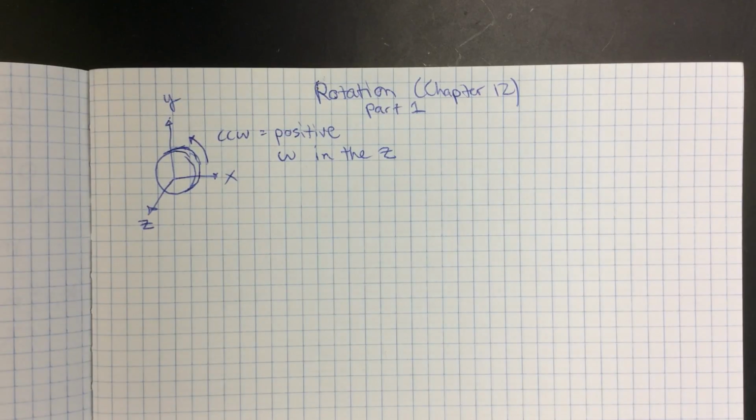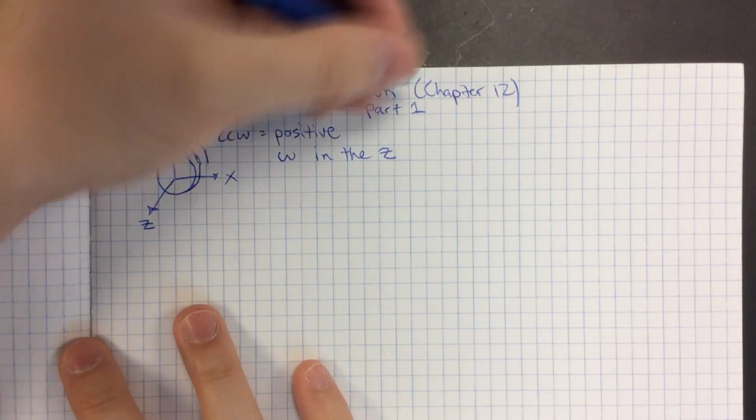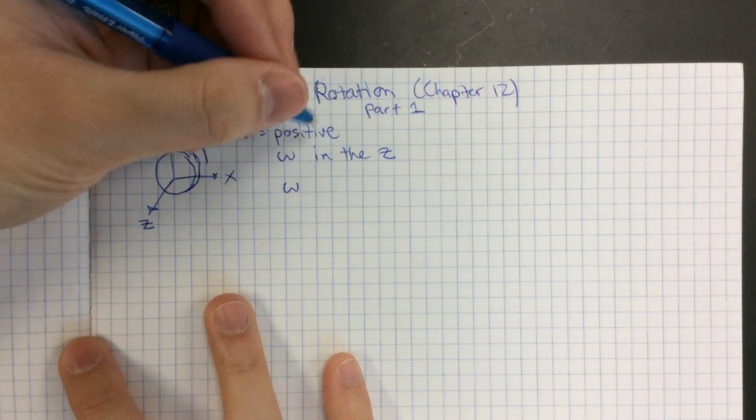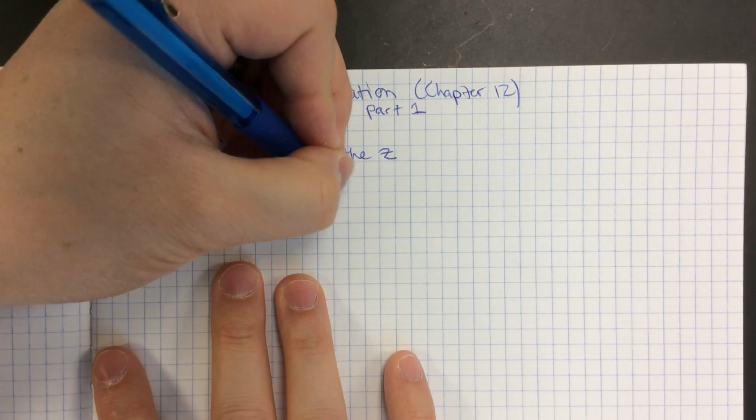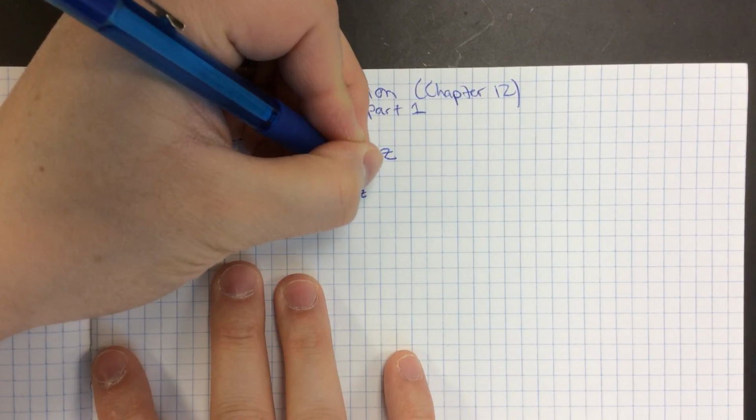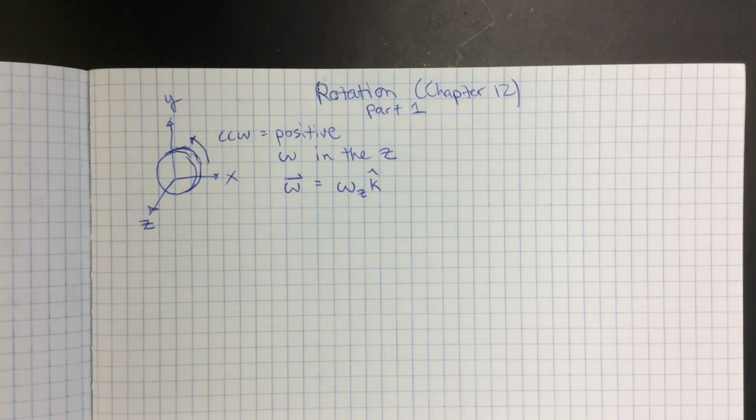That is the direction of the omega vector. So you could say the vector omega equals omega Z in the K unit vector direction.